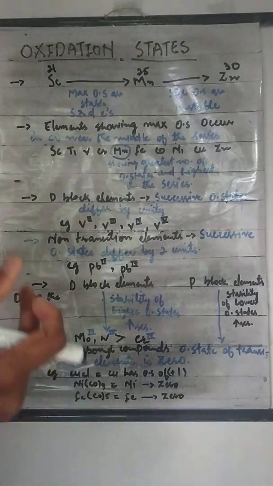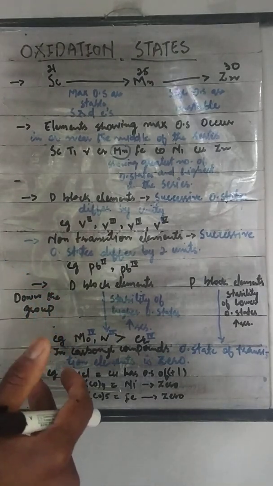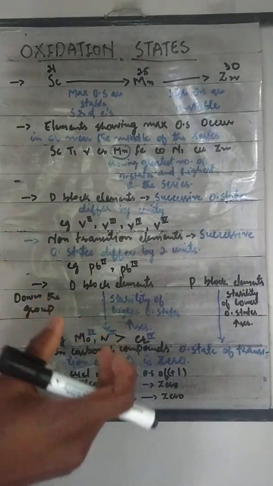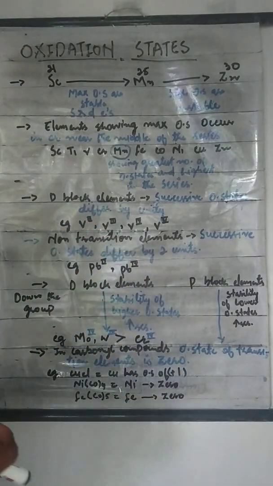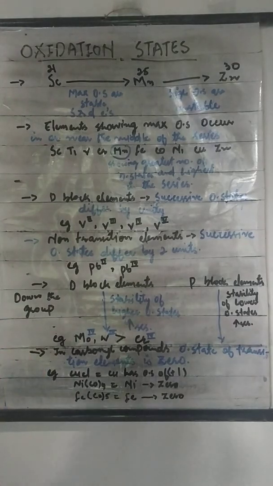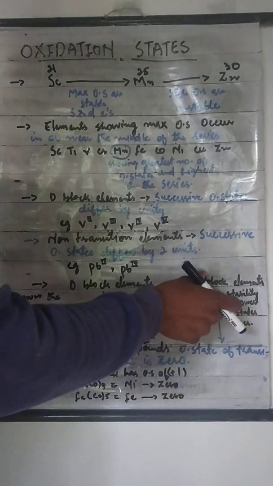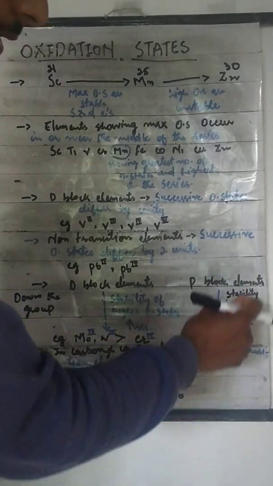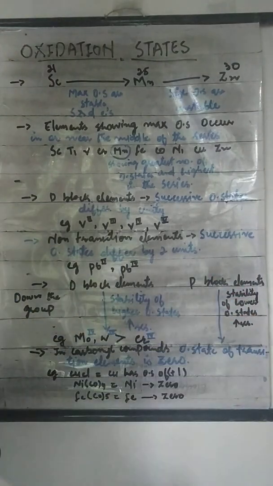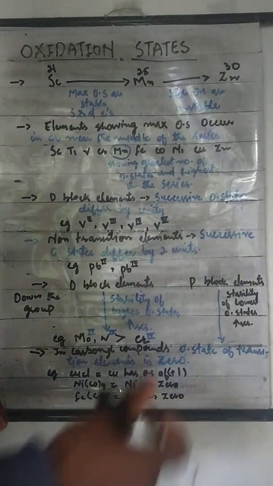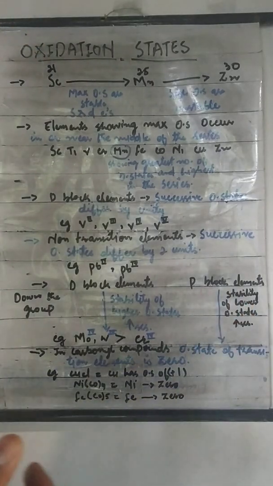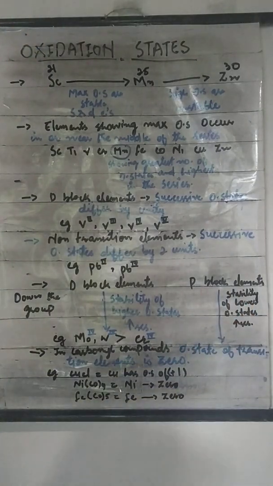This means that heavier elements will prefer to form compounds in higher oxidation states because those oxidation states for heavier elements will be stable. In case of P block elements, when we move down the group, stability of lower oxidation states increases. It means that the heavier elements will prefer to form compounds in lower oxidation states because those compounds will be stable.